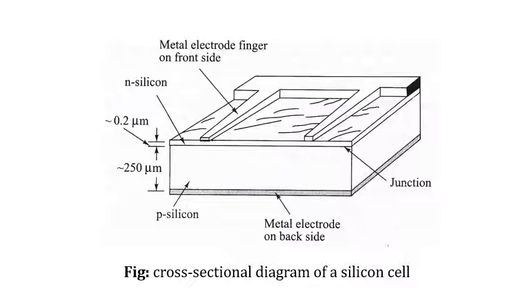The back is completely covered by a metallic contact to remove all the charges to the electric load. The collection of charges from the front of the cell is aided by a fine grid of narrow metallic fingers, narrow metal electrode fingers at the front.